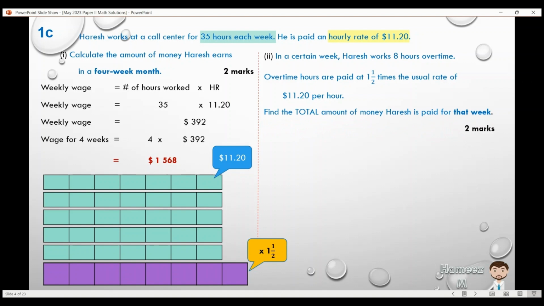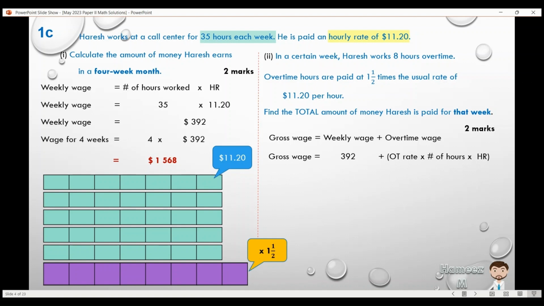So for that week, he works the 35 hours above in our little teal color, and he works these 8 blocks, which are purple, which are worth even more. So his gross wage, his total wage for that week, will be his normal weekly wage, which we have in teal, plus his overtime wage. And that is $392 because we worked that out in part 1 already, plus his overtime wage.